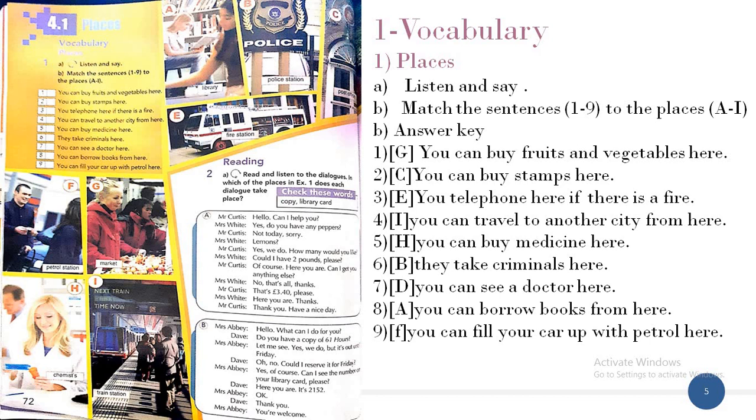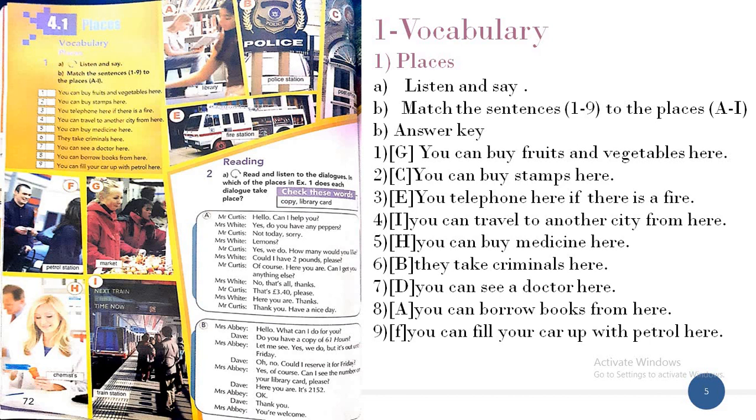1. You can buy fruits and vegetables here. We match it with picture G. Good. 2. You can buy stamps here. Picture C. Excellent. 3. You telephone here if there is a fire. Picture E. Good. 4.